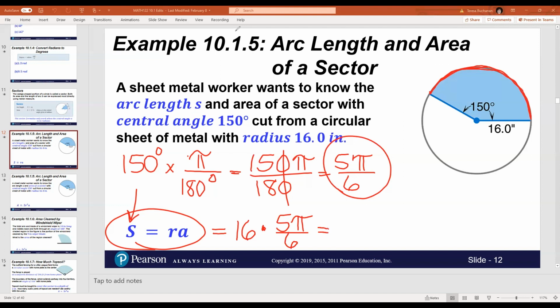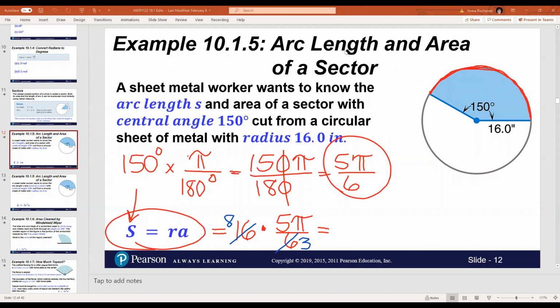When I get that multiplication done, you might say, well, there's some cancellation I could do up front. Yeah, whenever you want to see it, you can certainly do that. 16 and 6, in other words, have a common factor of 2. So I could go ahead and recognize that right off if I wanted to.